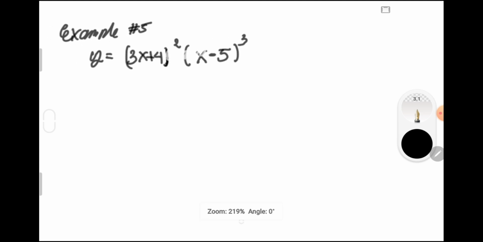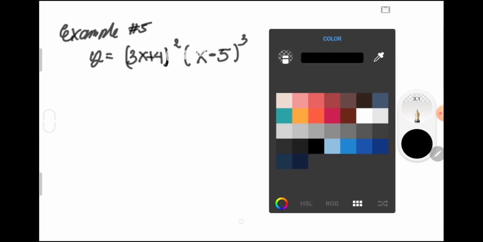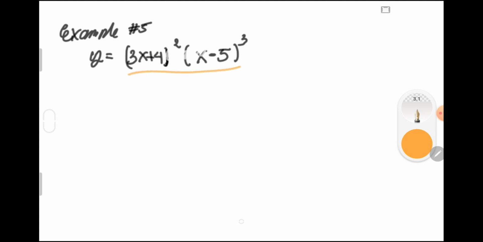So let's have our product rule, wherein we have u of x, v of x, the derivative with respect to x will have a value of du of x over dx multiplied by v of x plus u of x dv of x over dx.